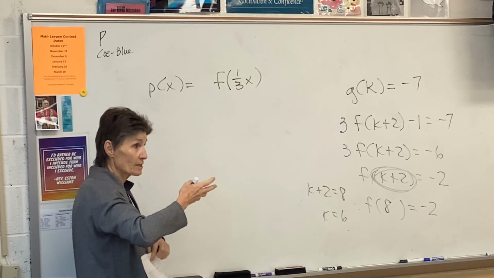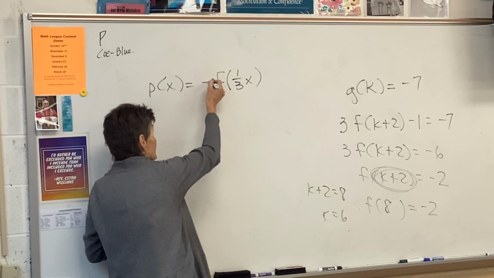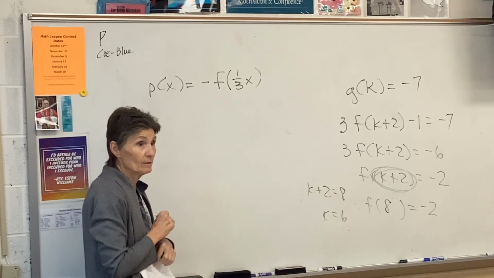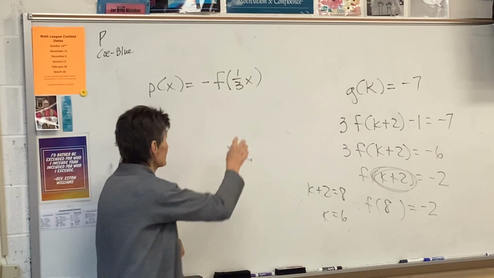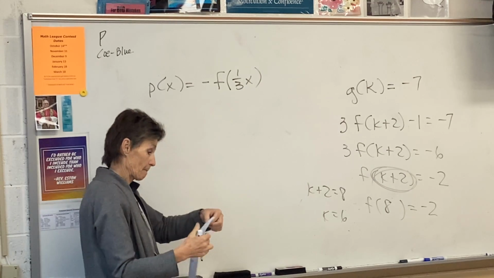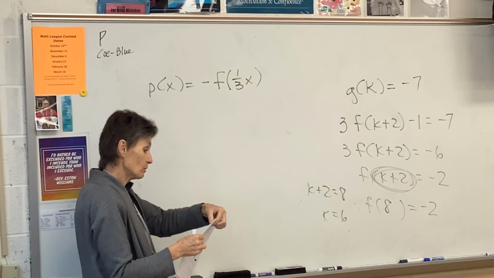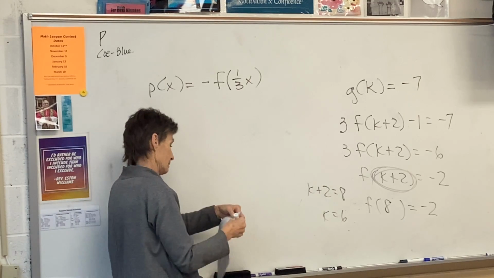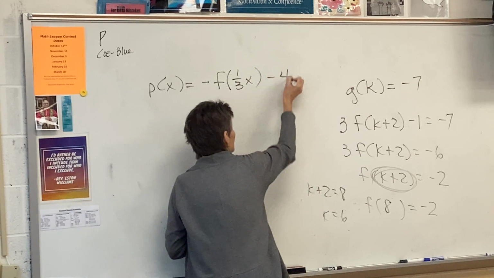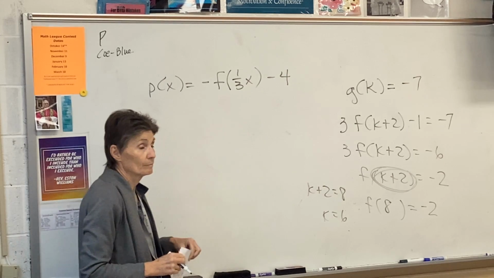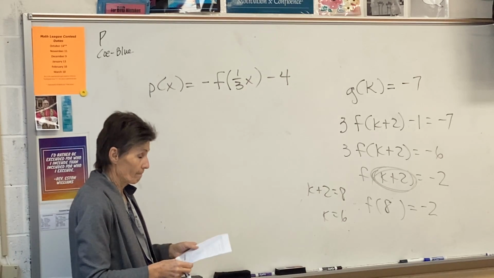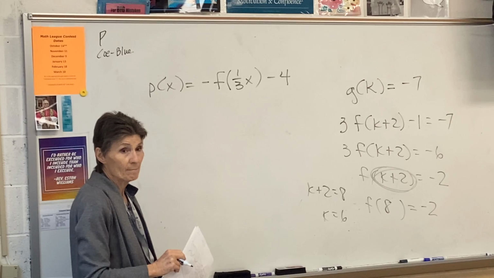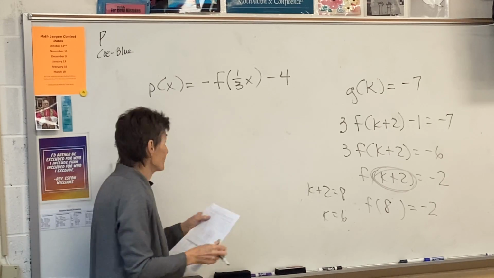Reflections are negatives, and over the x-axis is out here. Over the y-axis would be in here. And a vertical translation by a factor of -4. You okay with that? All right, so we're gonna have P of 3.